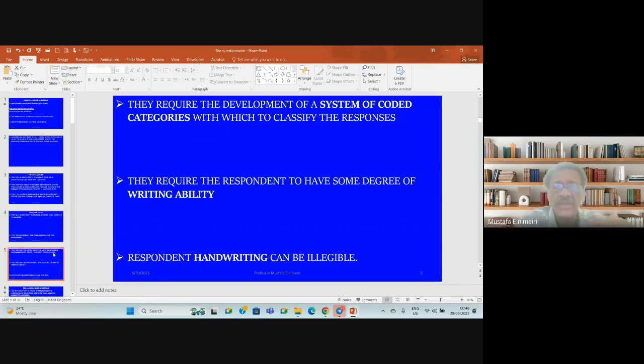They require the development of a system of coding categories, so you have to do some sort of coding to classify the responses as an initial step for the analysis. They require the respondent to have some degree of writing ability, because people who are illiterate cannot read the question, so they cannot write the answer. Also, the respondent's handwriting can be illegible.